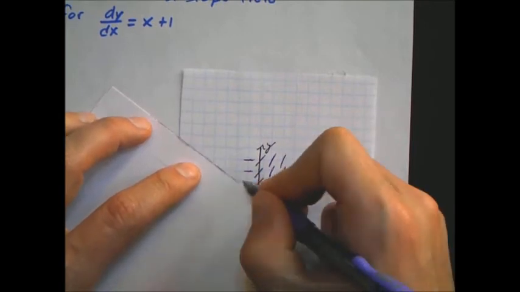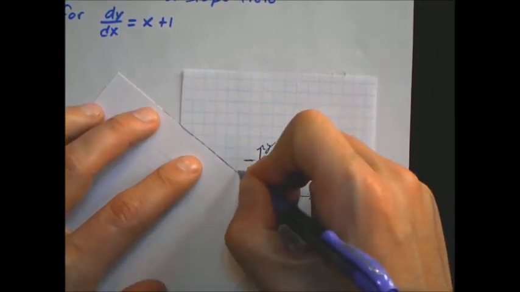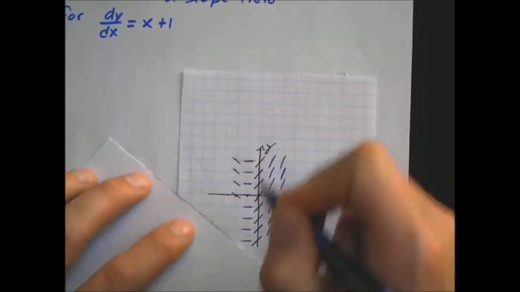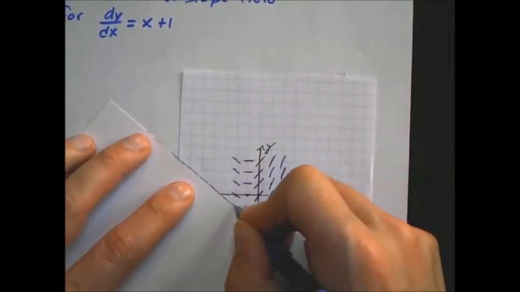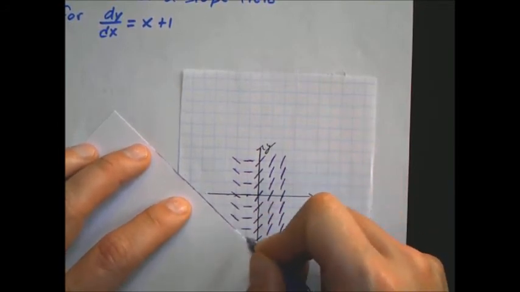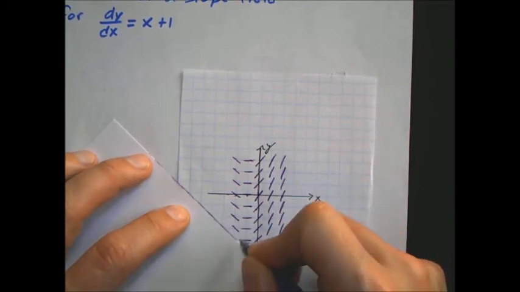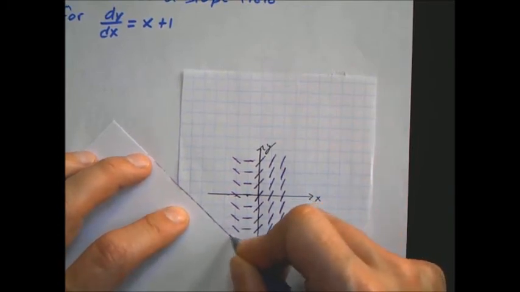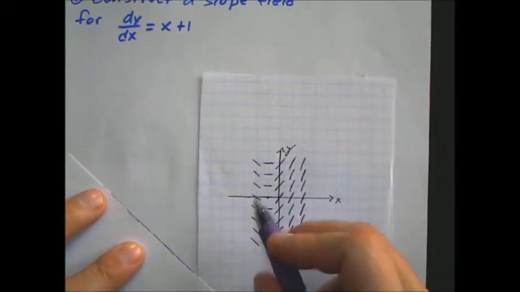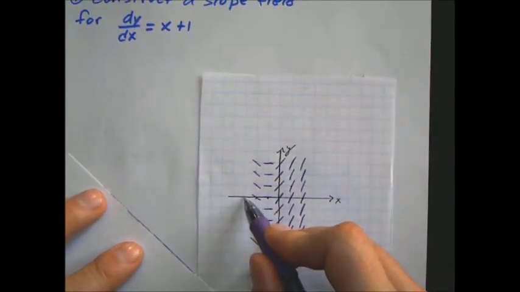Hopefully after drawing these a couple of times, you get the hang of how these are done, because basically they're creating a pattern, and it's revealing to you what the solution to this derivative looks like.